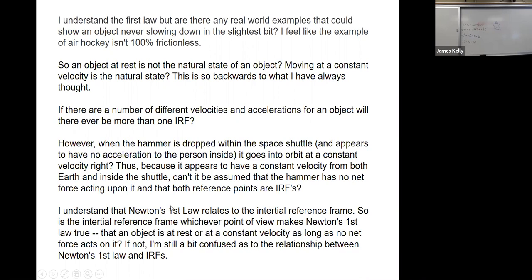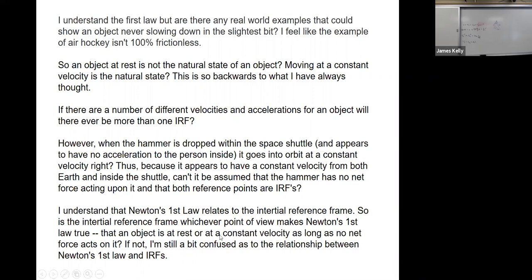Okay, last one. I understand that Newton's first law relates to the inertial reference frame. So is the inertial reference frame whichever point of view makes Newton's first law true? That an object is at rest or at a constant velocity as long as no net force acts on it? If not, I'm still a bit confused as to the relationship between Newton's first law and inertial reference frames.